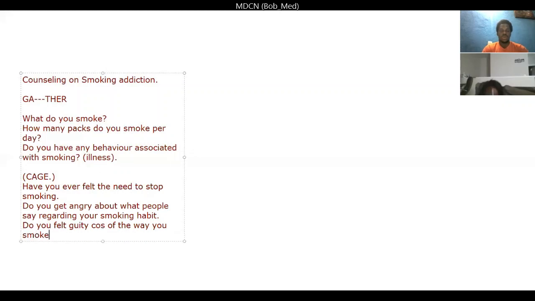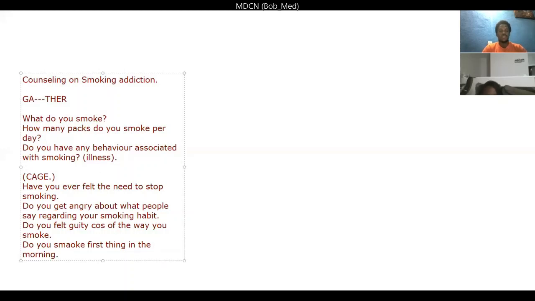And the E is more like an eye opener. You could also ask it. So you want to ask the patient, do you wake up in the morning and the first thing you do is to smoke? Do you smoke first thing in the morning?